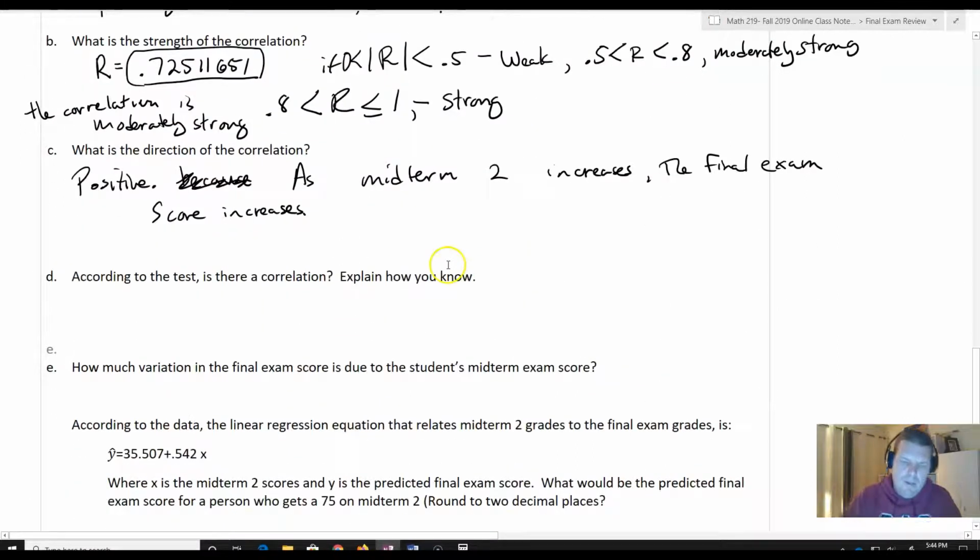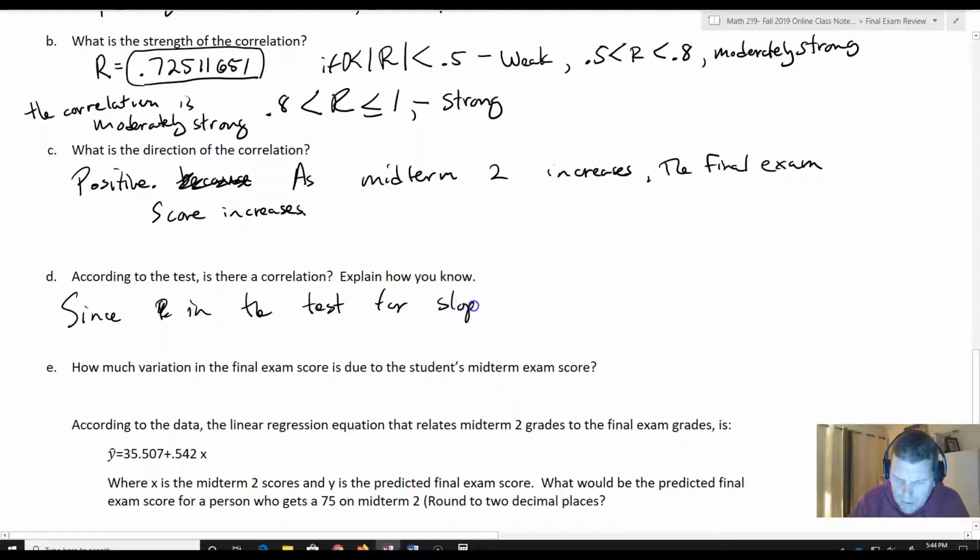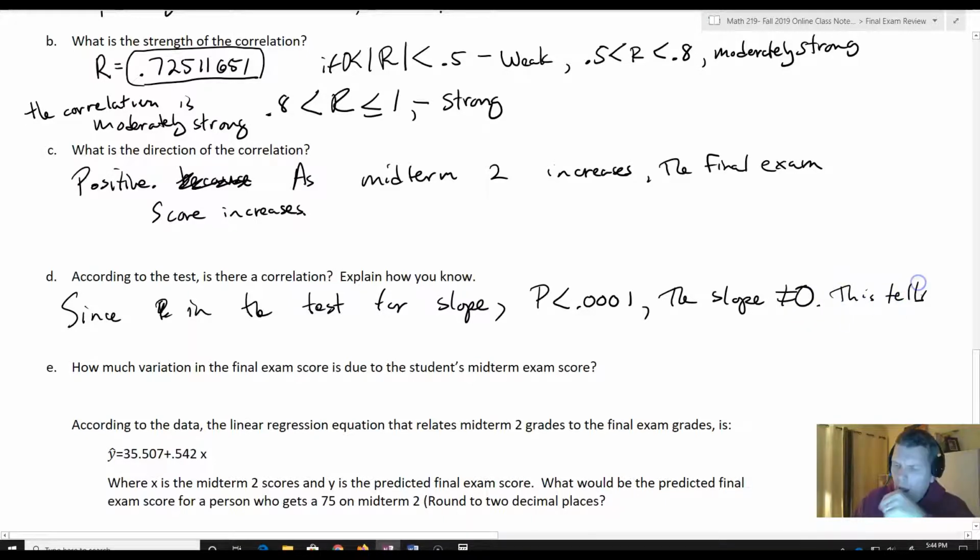So, since in the test for slope, p was less than 0.0001, so it was very small, the slope does not equal 0. So it's not flat. And since the slope is not equal to 0, this tells me that there is a statistical correlation.